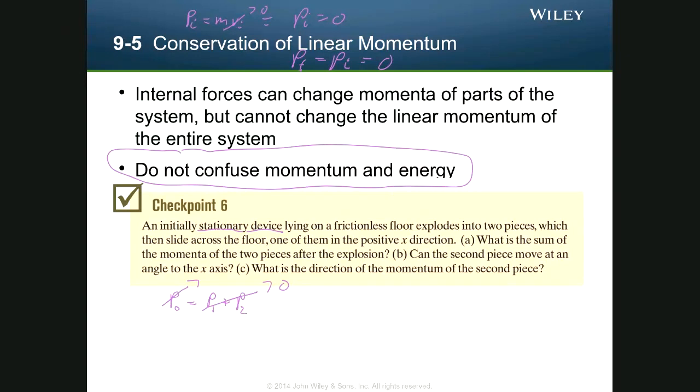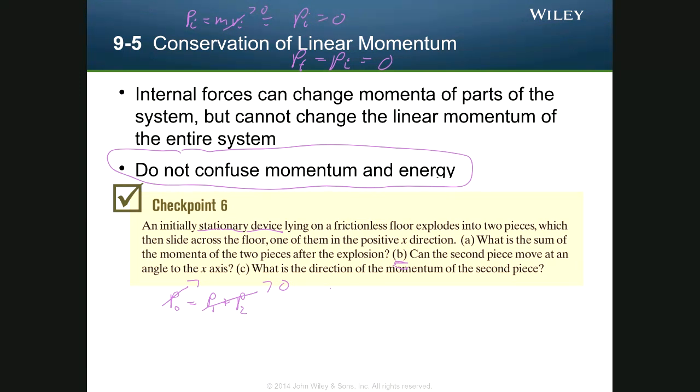Now, can the second piece move at an angle to the x-axis? We talked about this extensively. I was hoping part B would be the easiest part, that you'd read that and be able to answer it right away, because we just had a question about this. We know it moves along the x-axis, and momentum is conserved on the x-axis. There's no external forces, so momentum is conserved in the y-axis as well, and there's no momentum in the y-axis.